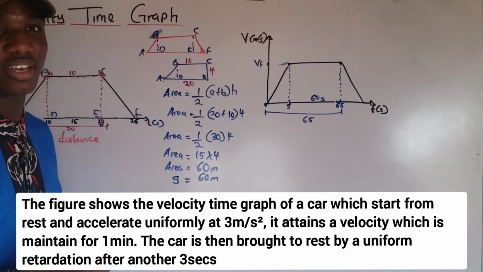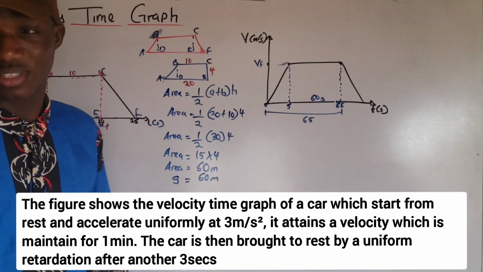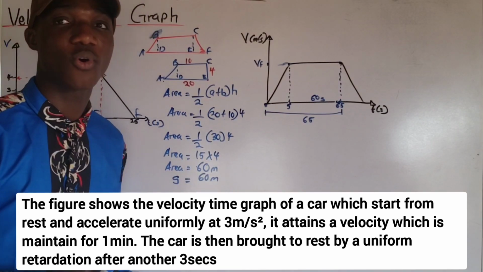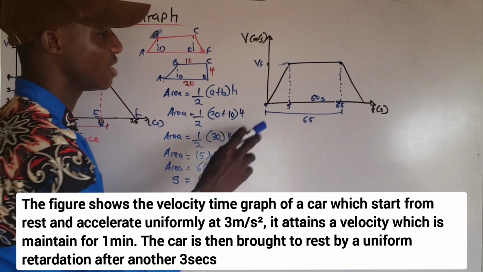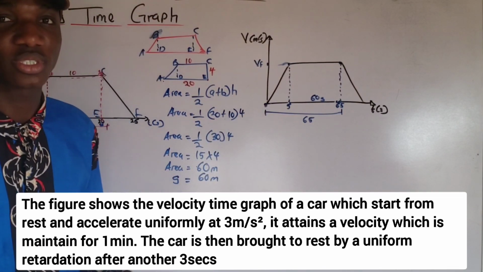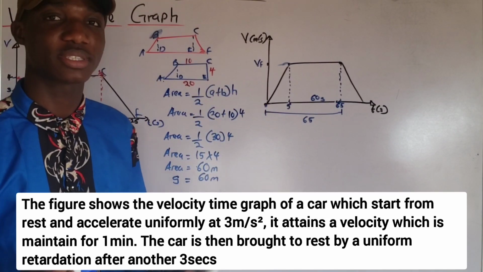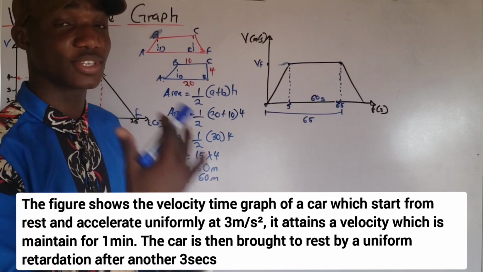Do you understand? You must learn how to interpret questions, okay? That's what I'm trying to explain. You see, it accelerates at the rate of 3 meters per second squared for 5 seconds. That is the representation here. It attains the velocity. This is the velocity. Now, it maintains this velocity for another 1 minute. That is what? 60 seconds.